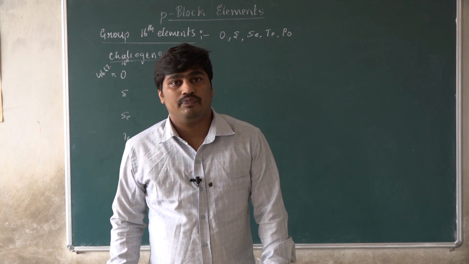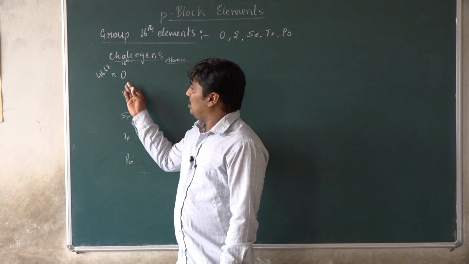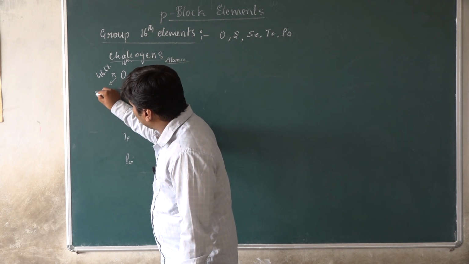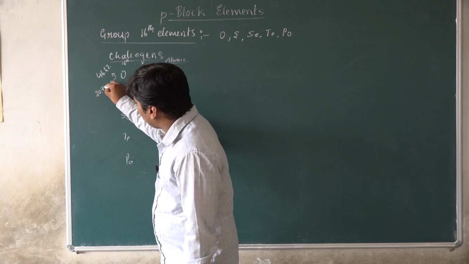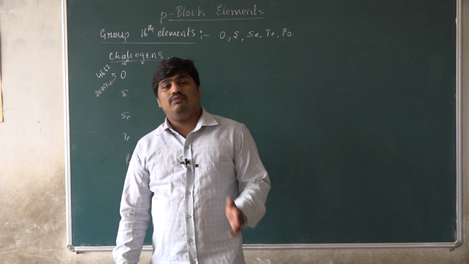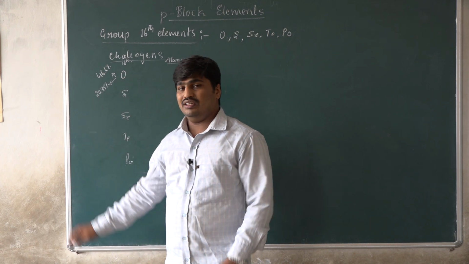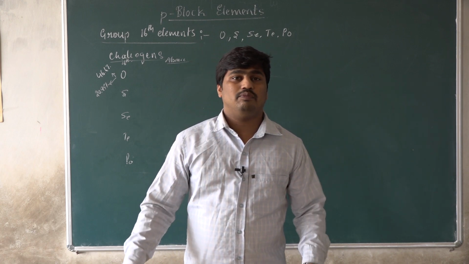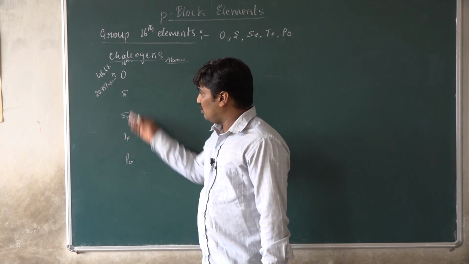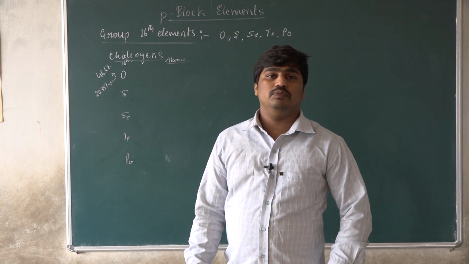Around 20.95%, nearly 21%, by volume of oxygen exists in our atmosphere. Therefore oxygen is the most abundant compared to all the elements of the 16th group.